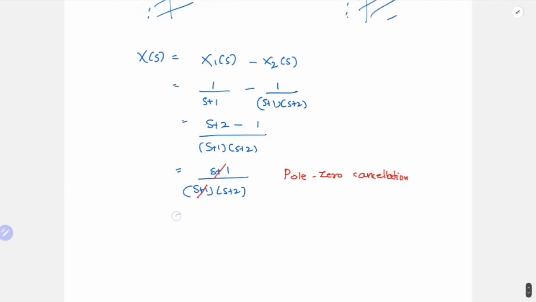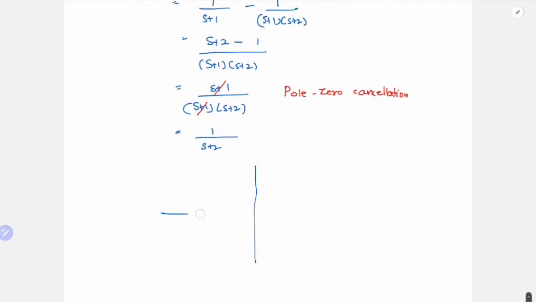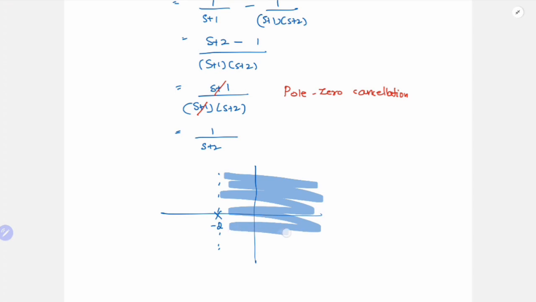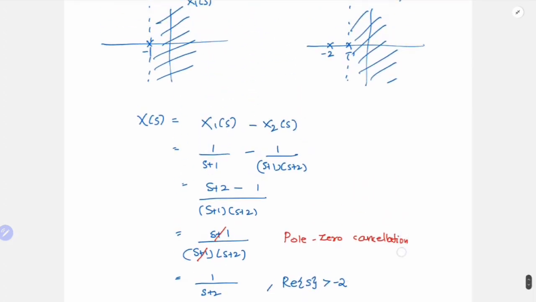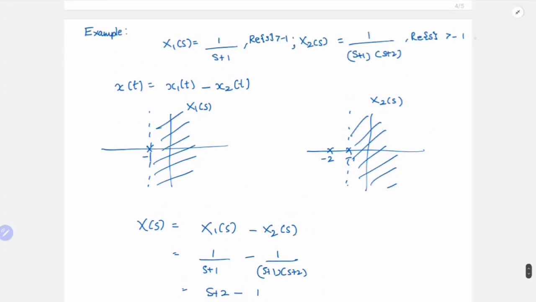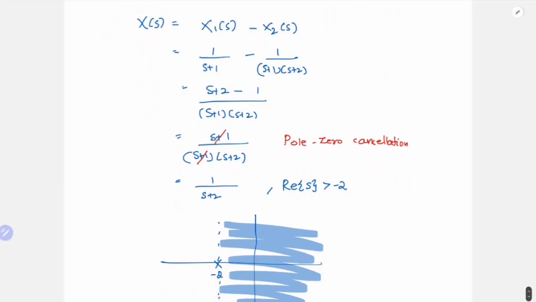So now this combined system has only one pole at s plus 2. So what will its region of convergence be? Minus 2. So it will actually be this entire plane, right? So real of s greater than minus 2. So it is actually greater than what we started with, right? So this is one example, and it happens usually in many cases for these rational Laplace transforms.